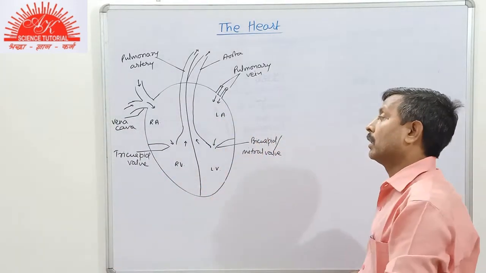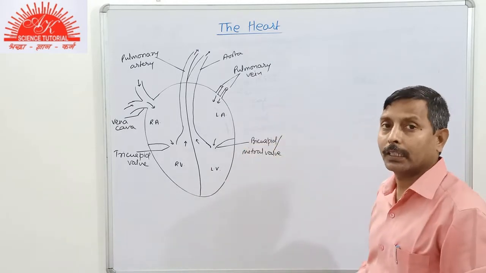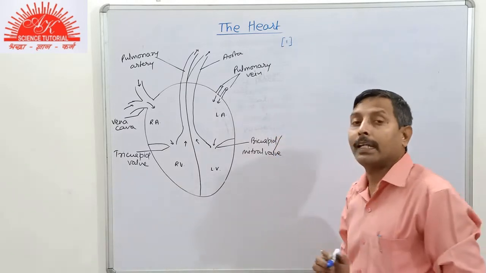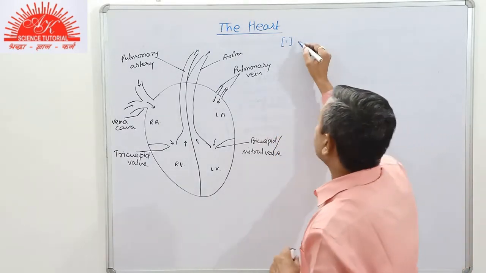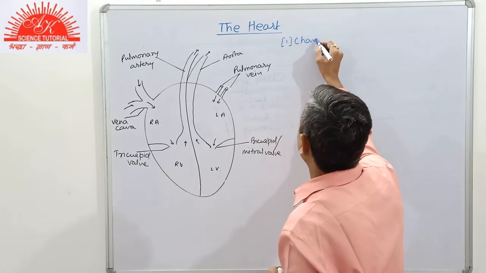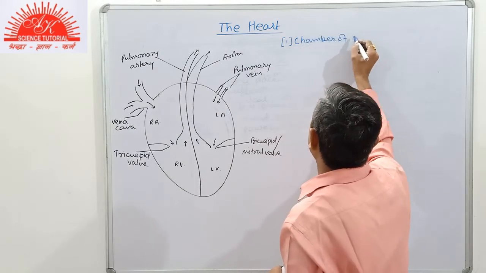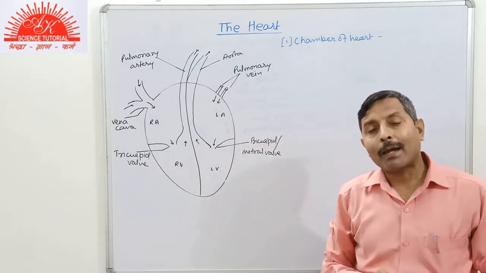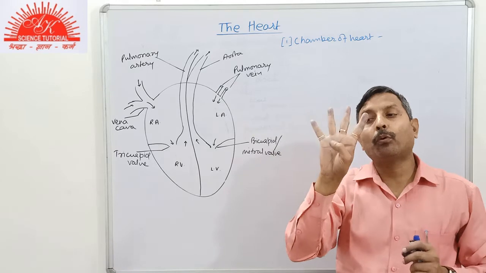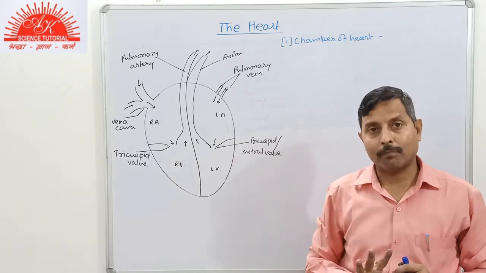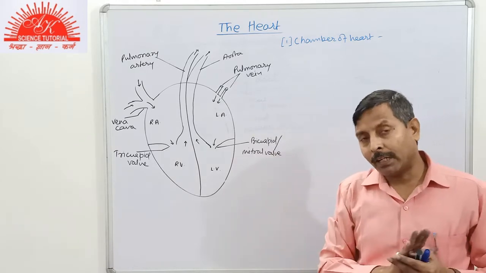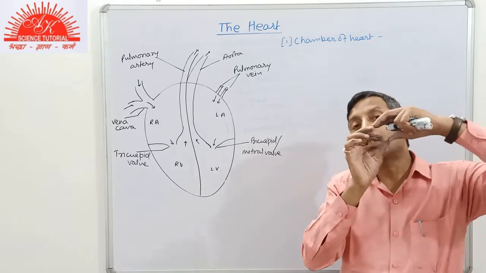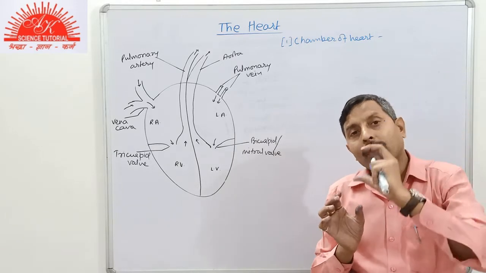So now start with the structure of the heart. We can study it under different heads. First of all, the chambers of the heart. Now student, in mammals, the heart is completely divided into four chambers. In lower vertebrates, like in pisces, that is fish, the heart is two-chambered, one auricle and one ventricle.